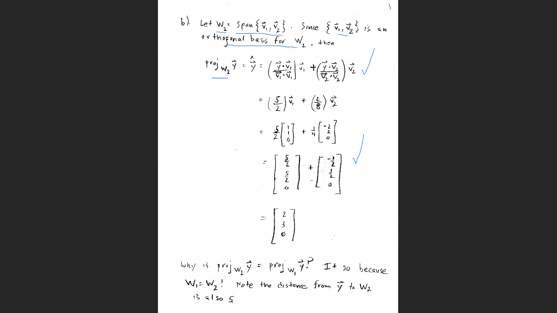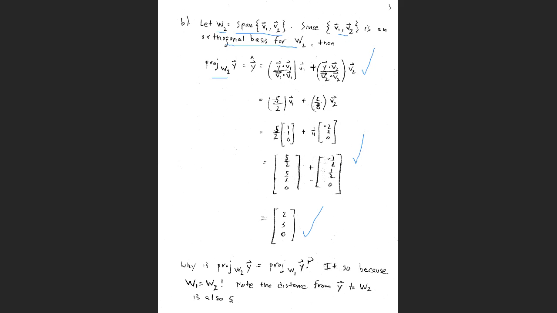Okay, all right, so now, okay, Matthew, we'll get to that. So now we compute this, and oh my gosh, look, the projection of the vector y onto W2 is 2, 3, 0.